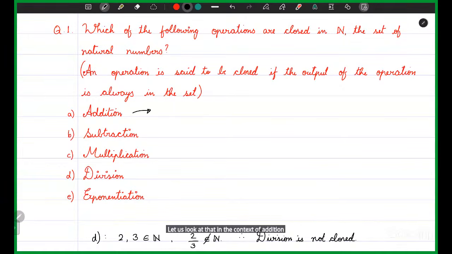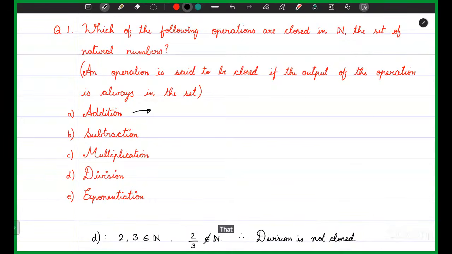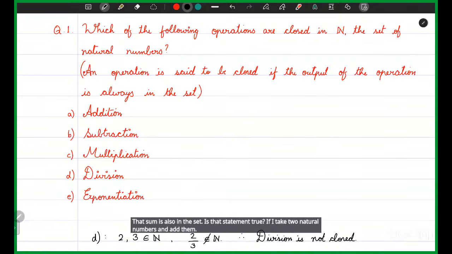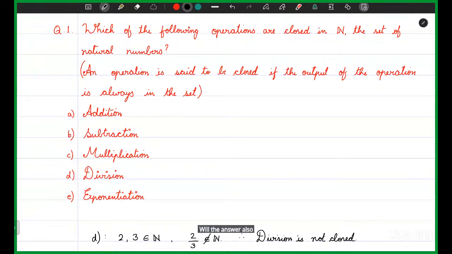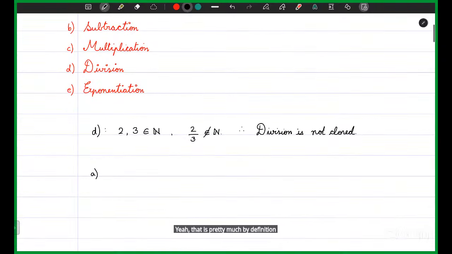Addition is closed if I take two numbers and add them, and that sum is also in the set. If I take two natural numbers and add them, will the answer also be a natural number? Yes. That is true by definition. The sum of two natural numbers is a natural number.